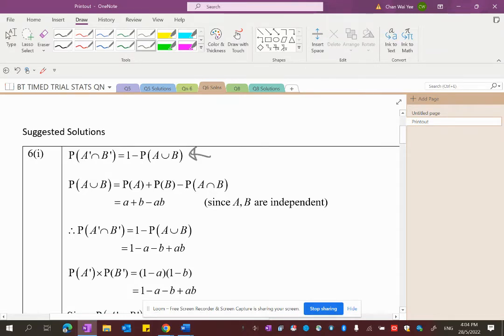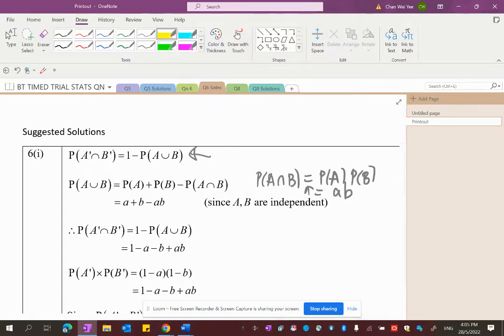All right, and how do we find A union B? Probably, P(A union B) would be P(A) plus P(B) minus P(A intersect B). But because the question also says that A and B are independent events, that will give us the probability of A intersect B equals P(A) multiplied by P(B), which is a times b.